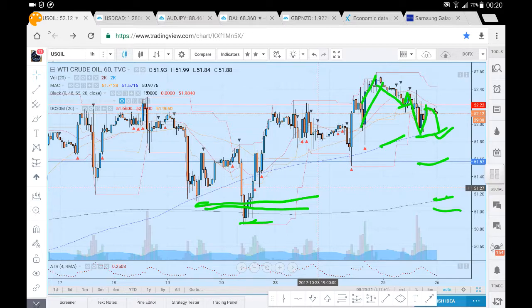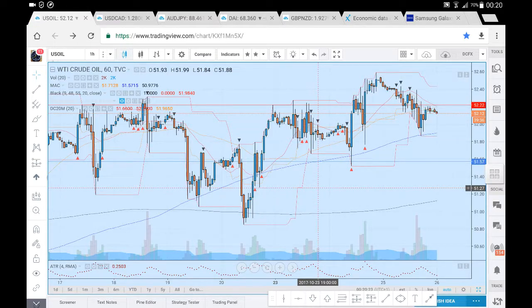Just going to have a quick look to see where the actual levels are. So we've got these lows just here in around 51.05, and these lows all the way down at 50.85.